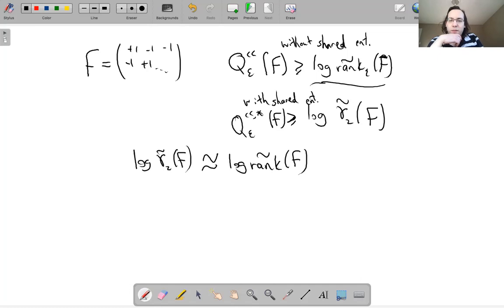So this approximate gamma 2 norm also takes in an error level epsilon somewhere. So the loss here, in when they're equal and when they're not, depends on epsilon. And it also depends on the size of the matrix F.